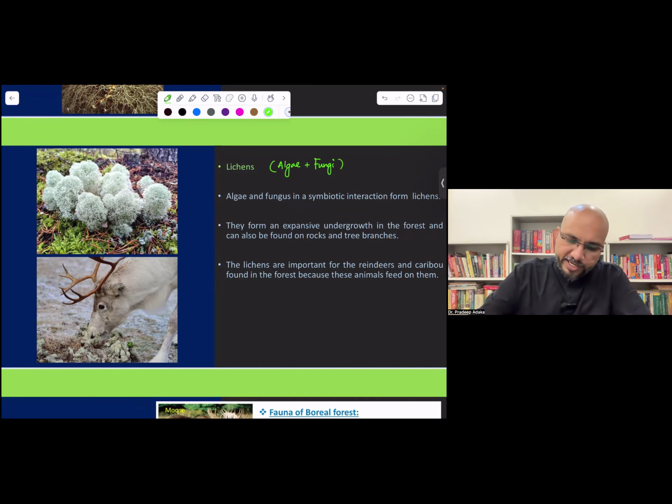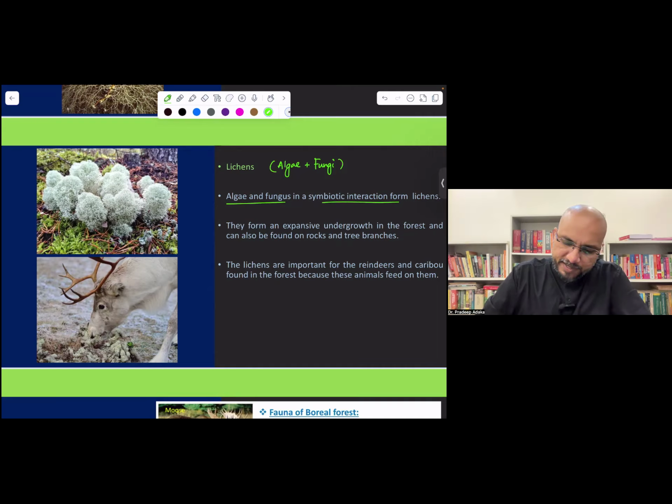This is a symbiotic association between algae and fungi. Because algae can synthesize food, it provides the nutrients to the fungus. So algae and fungus are in a symbiotic interaction, and this association is called lichen.